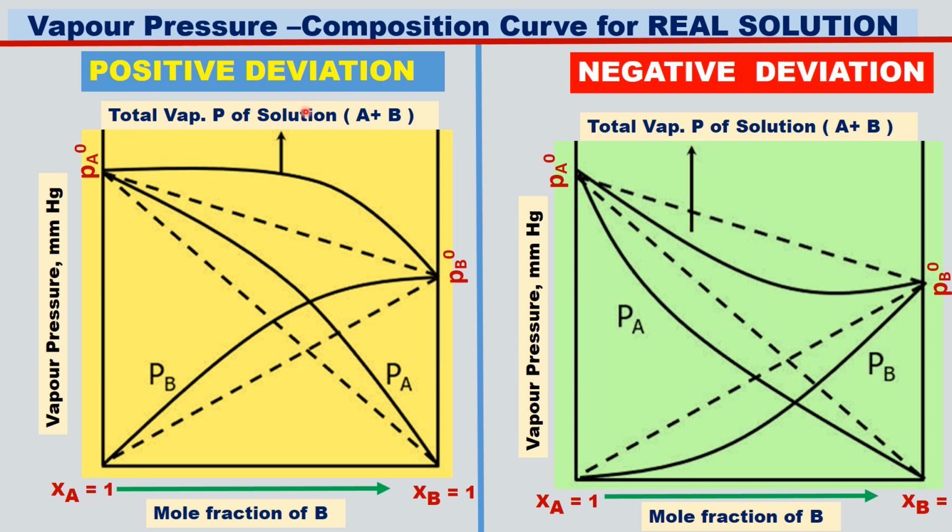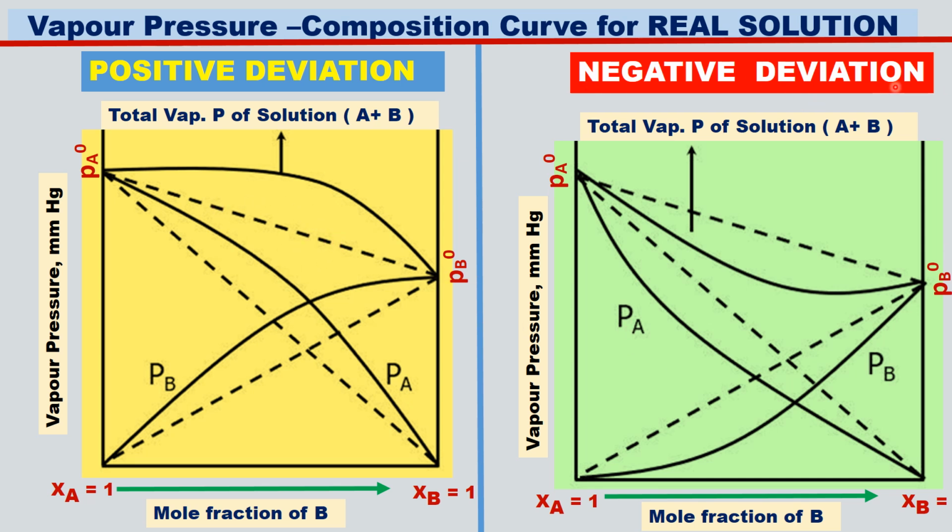Therefore, the total vapor pressure, you see here, this is the predicted and this is the observed. The total vapor pressure of the solution is greater than the sum of the partial pressures of the components A and B.